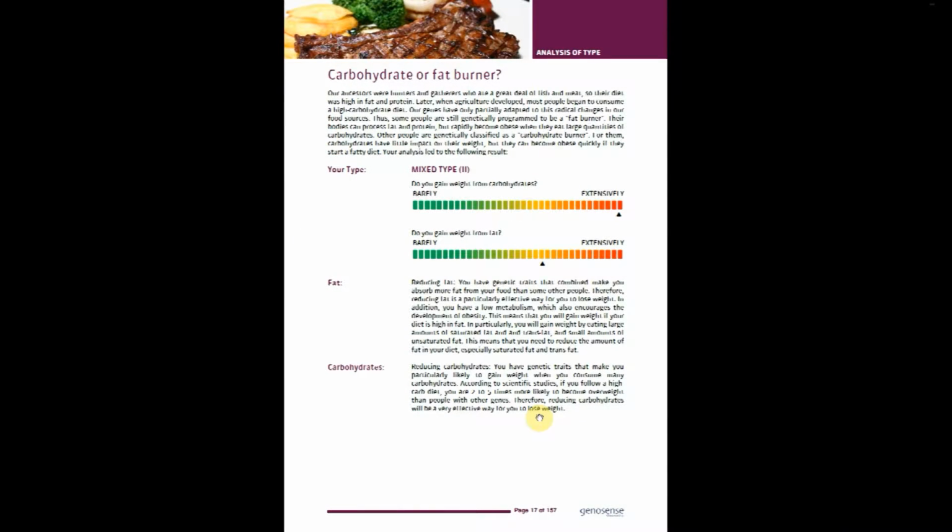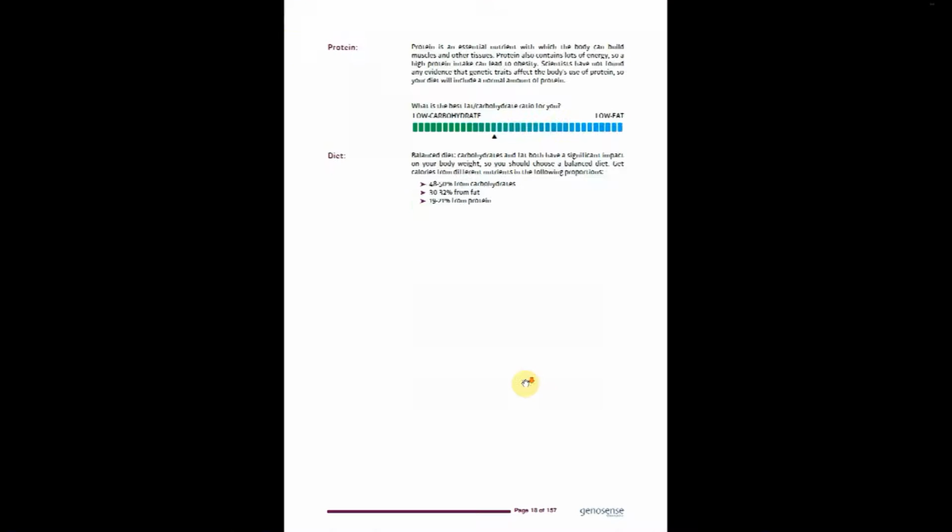Fat sensitive, carbohydrate sensitive. We look at both of them. Again, protein is the same for all of them, so this is actually what you will find written here. And then the strategy of carbohydrate versus fat and so on. So this is just more details. I'm going to skip over these steps. You can read through them, but I've already said everything to each of these sections.